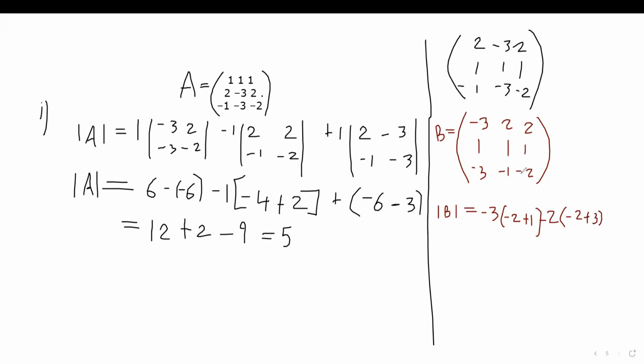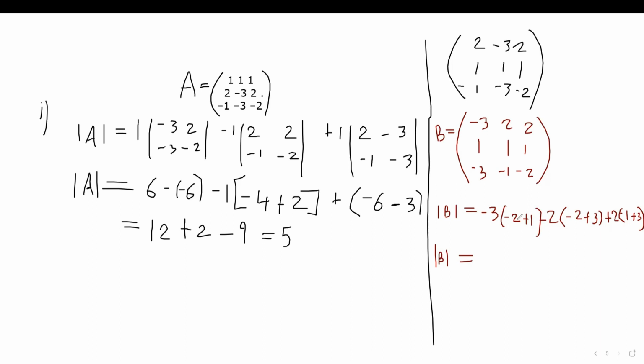Close up that. Then the last one now is plus 2 times, in bracket, cross out this row and this column, that's minus 1 plus 3. Minus 1 plus 3. Now we'd just put this in our calculator, but because we test with memory, we're not using a calculator, no calculator around here.